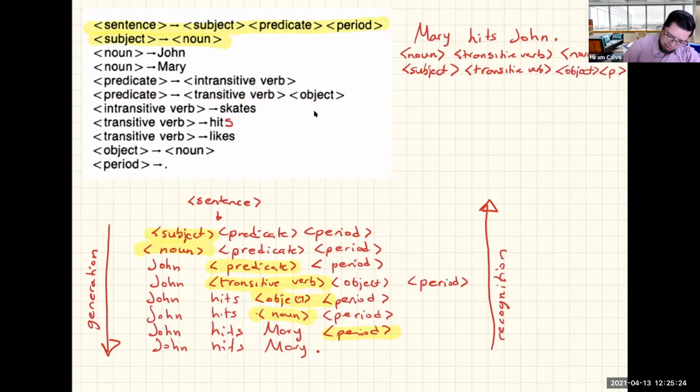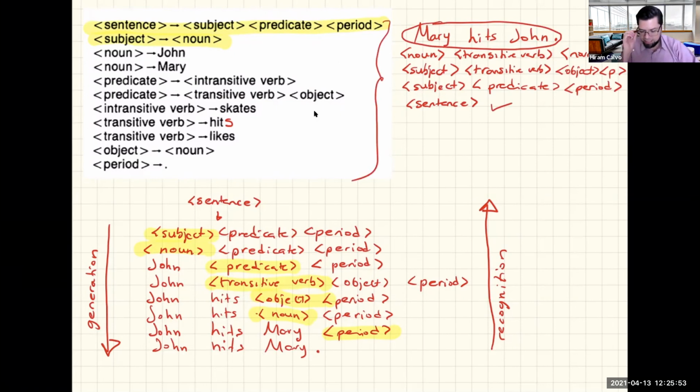So I will rewrite this as subject, predicate, and period. And if we have subject, predicate, and period, then we have a sentence. And with this, we know that this sentence is recognized by this grammar.